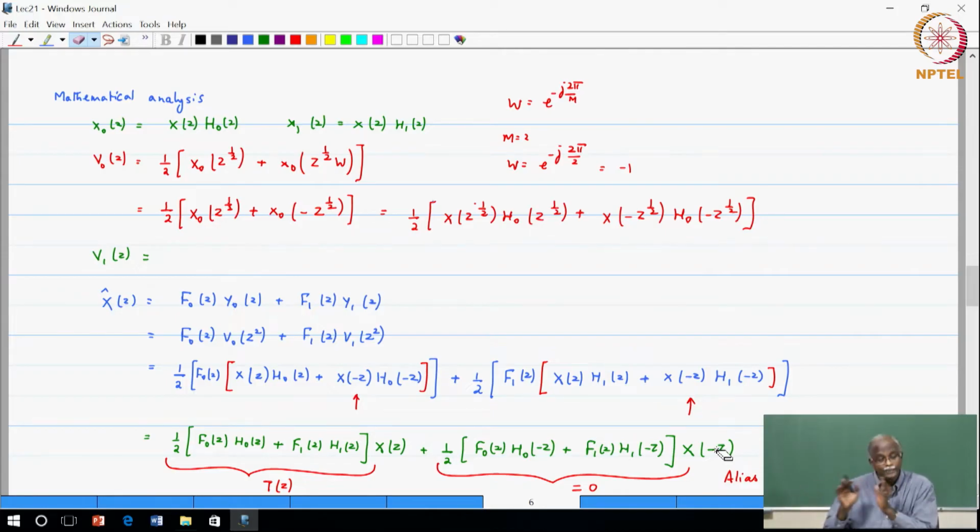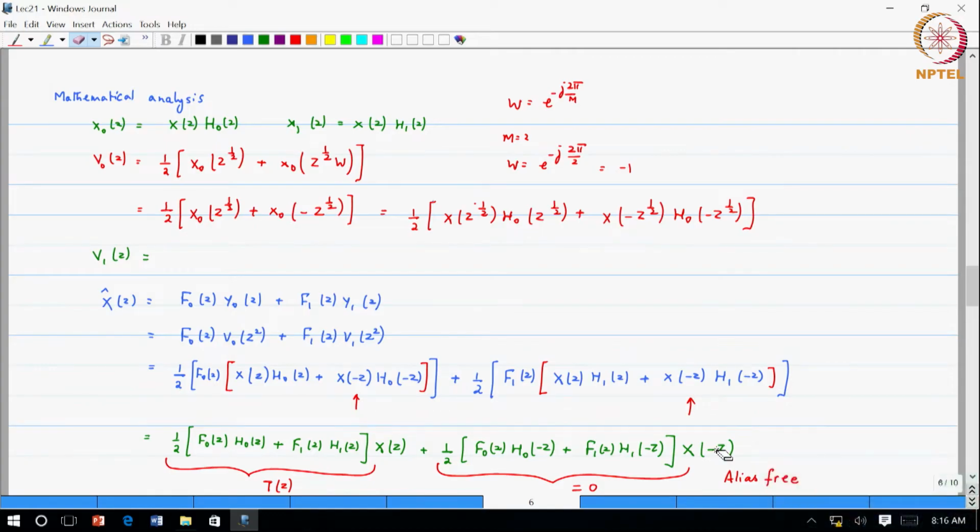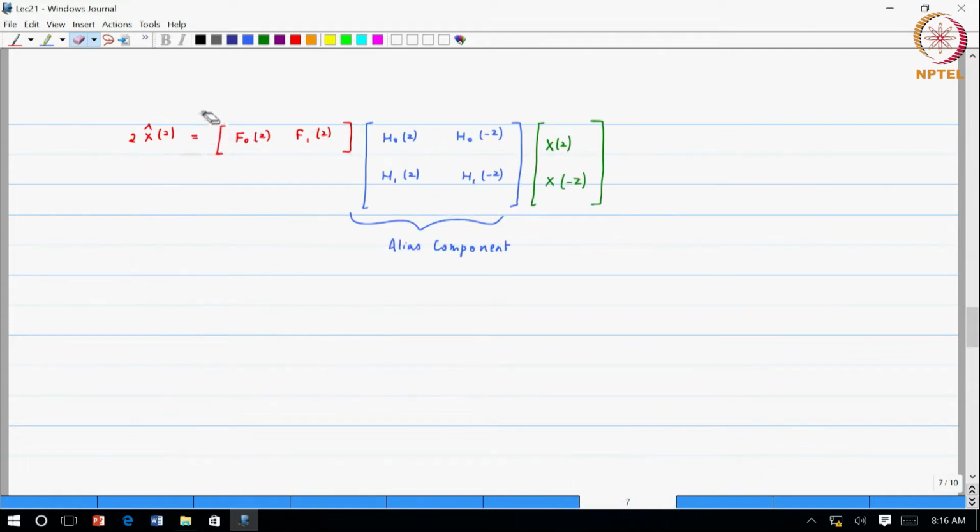If that is present at the output, then there will be a distortion, because I will have the output depending on X of z, the input, as well as X of minus z, which is a shifted version. So we need to be careful with that. This is pretty much where we stopped. We said that we could write this as a matrix equation which has the following structure.